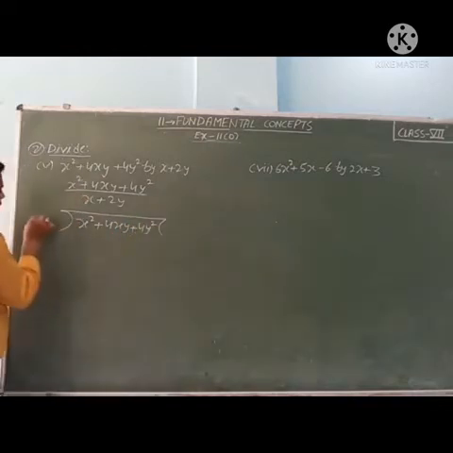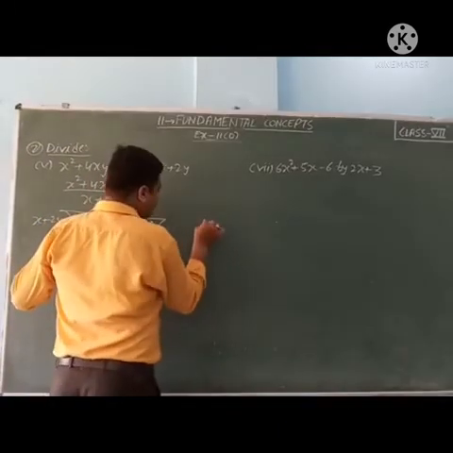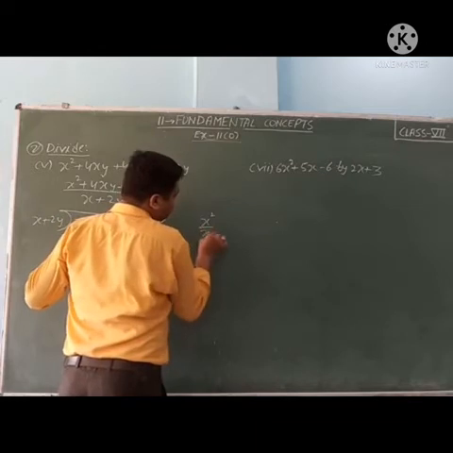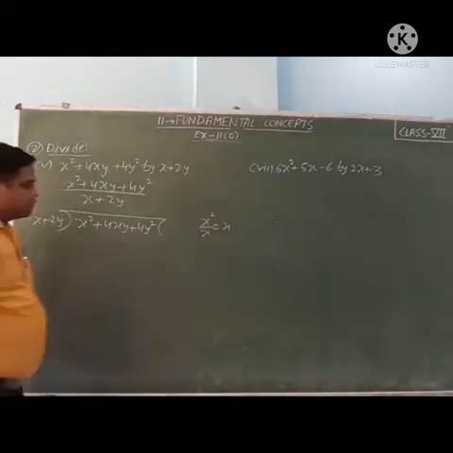Then there we will write x plus 2y. So by which variable or number we will multiply in x, that will become x square. So how we will identify? We will divide x square by x. So we will get x. So it means we will multiply by x.